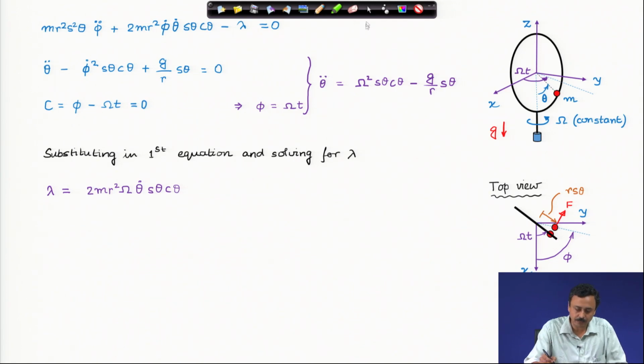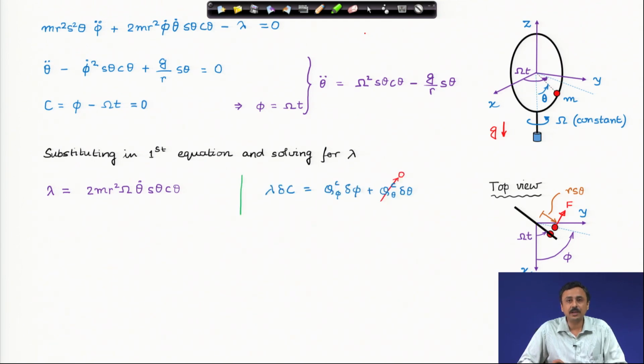Now, we have to interpret this lambda. Work done by the constraint force is given by lambda delta c. This is our term in our variational statement, from where we derive the equation of motion. This has dimensions of work or energy, lambda delta c, and that must be equal to the generalized constraint forces dot the corresponding variation of the coordinates.